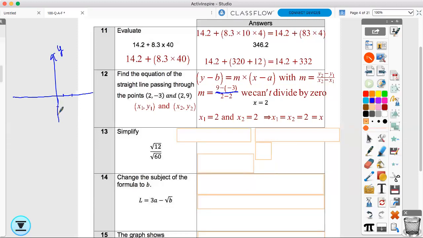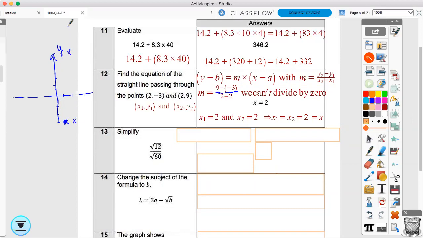So minus 1, minus 2, minus 3. So that's my first point, right? And for y equal 9, 1, 2, 3, 4, 5, 6, 7, 9, I've got x equal 2. So it's not that one, it's x equal 2.